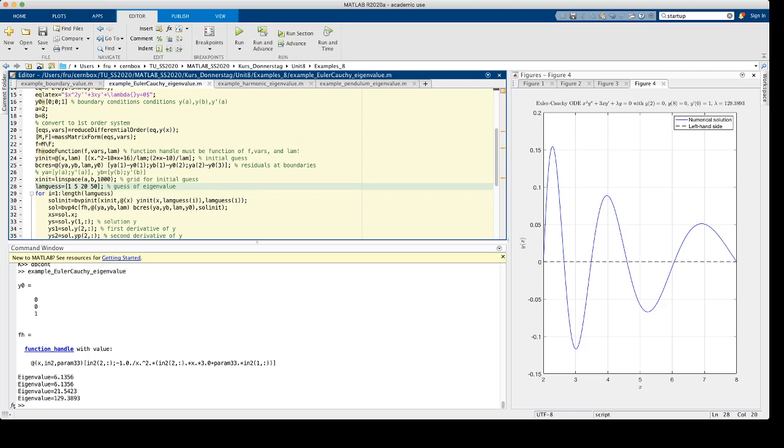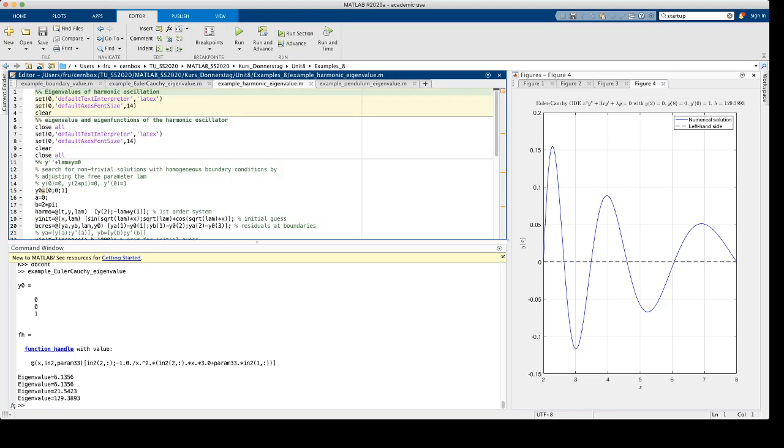I've prepared some more examples in the example script, example harmonic eigenvalue. So we look for the eigenvalues of a harmonic oscillator. In this case, of course, the eigenvalues and the solutions are well known, so we can actually check the solution that has been found.